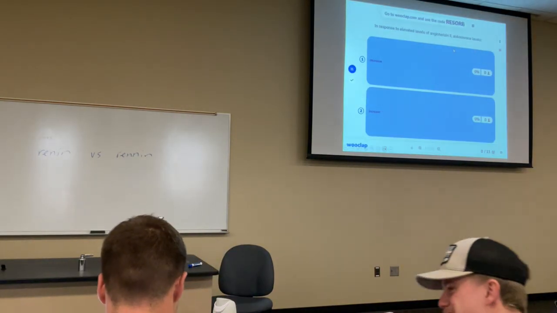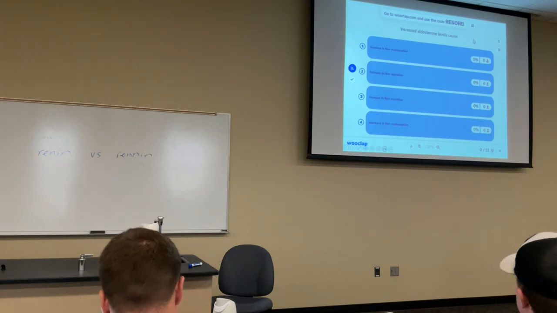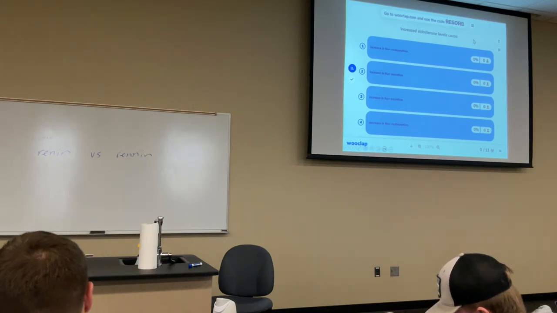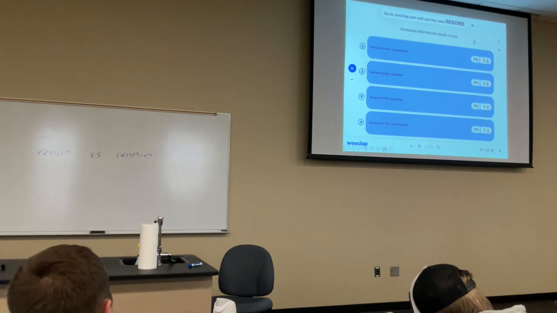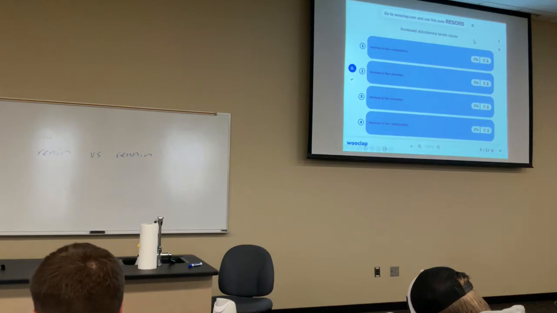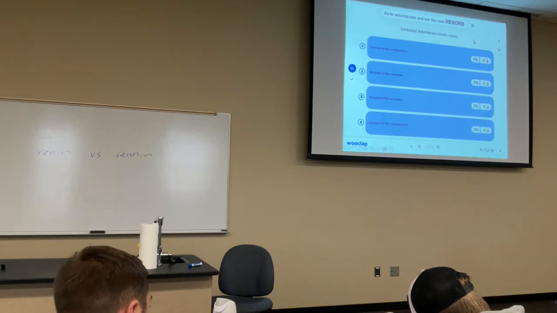The next question is, what does aldosterone do? Increased aldosterone levels cause an increase in sodium reabsorption and also water reabsorption. So number one would be the correct answer for that.